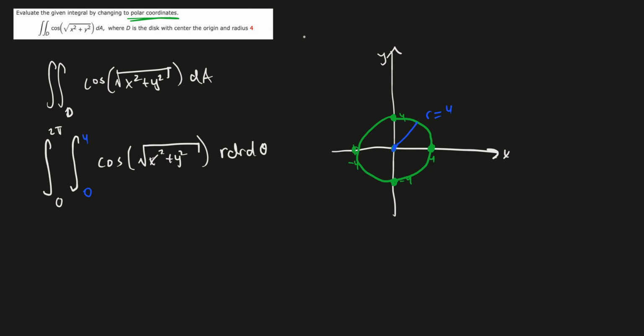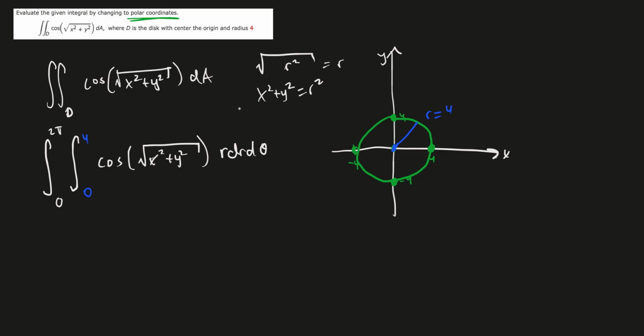Square root of x squared plus y squared, remember that this is what we're trying to convert in terms of r and theta. Remember that x squared plus y squared is r squared, and if we square root both sides, we end up getting the square root of x squared plus y squared is equal to r. So this is equal to r. Similarly, you could have just used this information that x squared plus y squared is r squared, and then square root is just r.